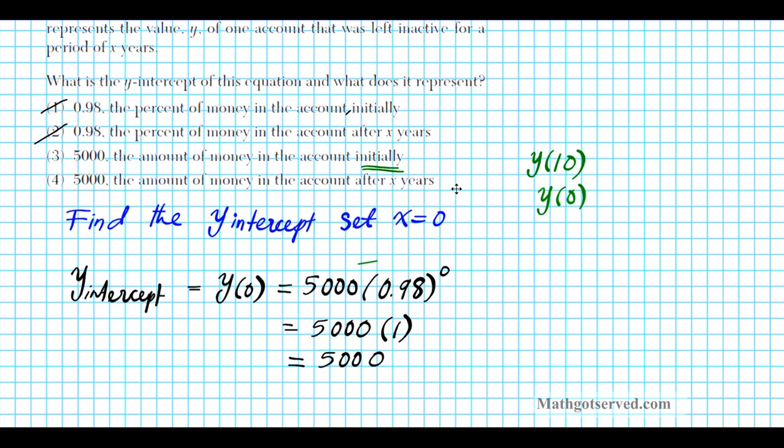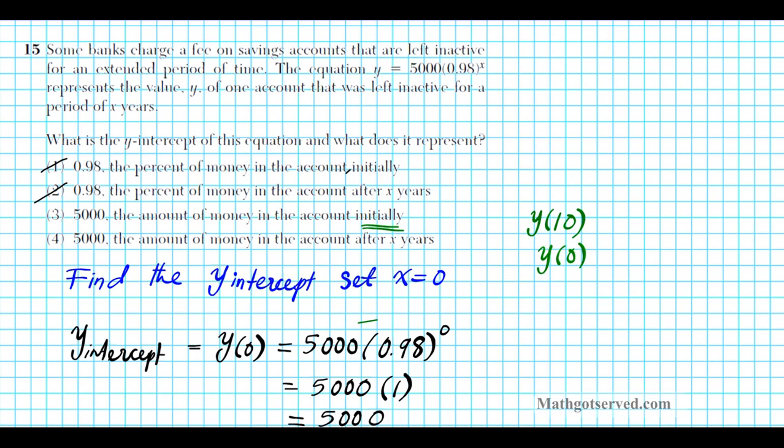Exactly, that's what we want because it starts from 0. There's no such thing as negative years. Okay, you always start from 0, and as your account stays inactive for subsequent years, the amount of money in the account will start to depreciate using this model that we have right here. This is a depreciation model. So our answer is option number 3. Okay?